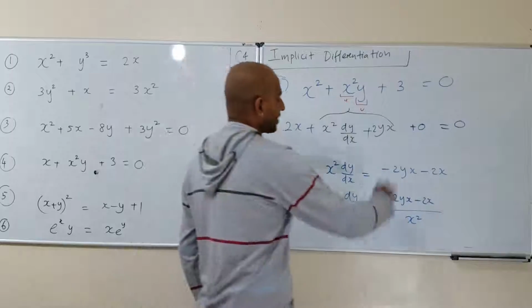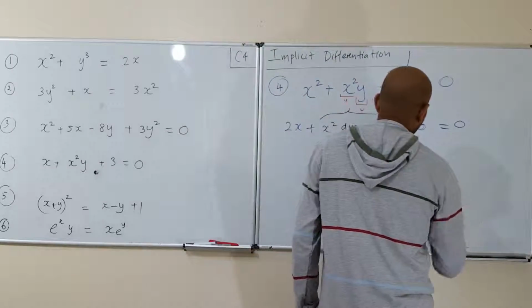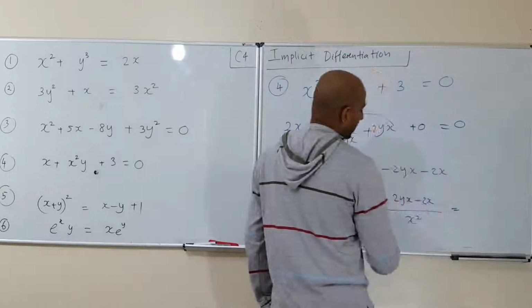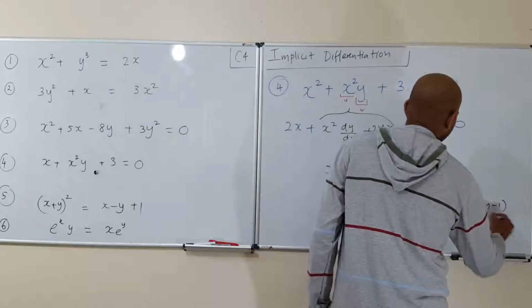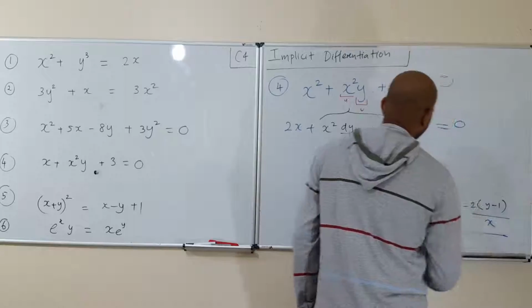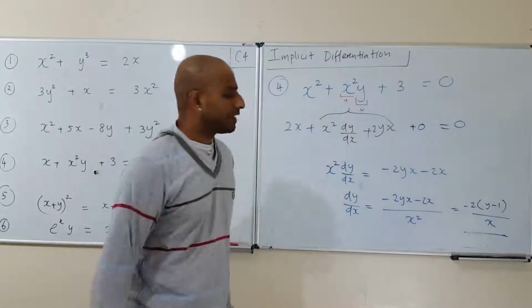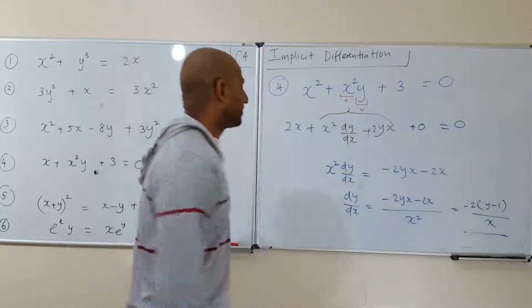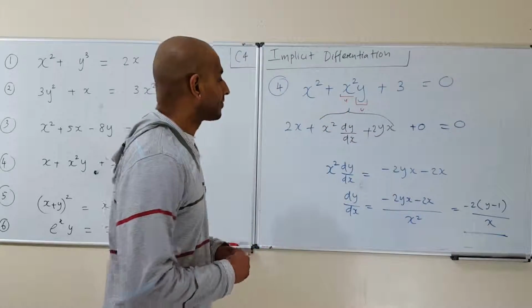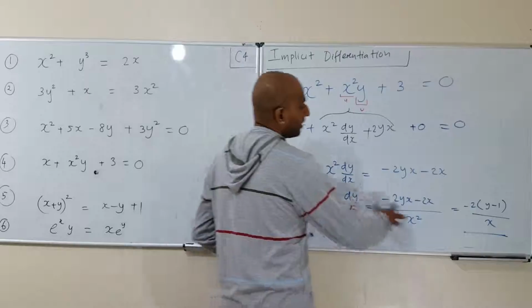We can divide by x and simplify it. You can also take minus 2 out: minus 2, y minus 1 divided by x. Here we assume x is not equal to 0. Well, actually it can be, it's fine. So that's dy/dx, that's it.